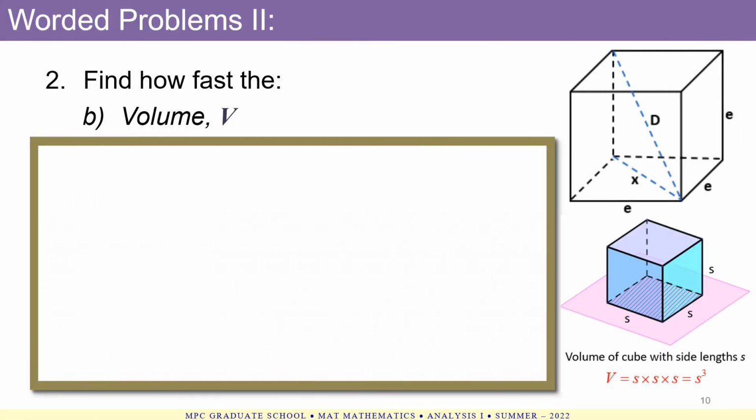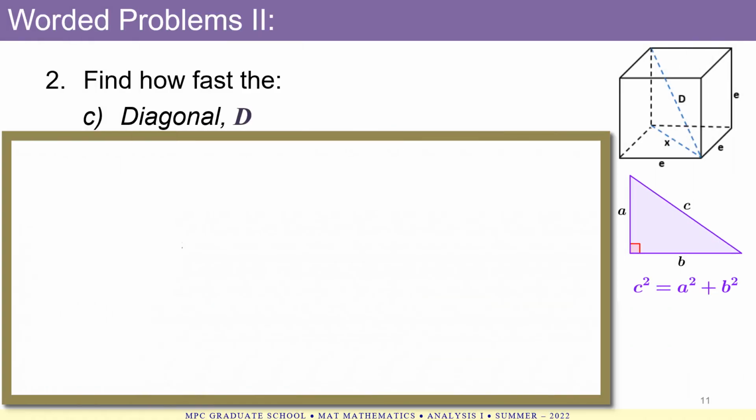Next, finding the volume. The volume of a cube is s cubed, wherein s represents the edges, and in our case, we use e to represent the edges. So just change the letter. Volume is e times e times e, or e cubed, and the derivative of the volume is 3e squared.